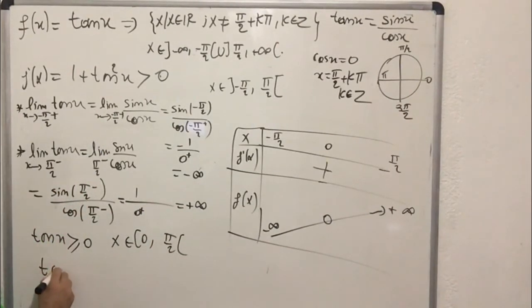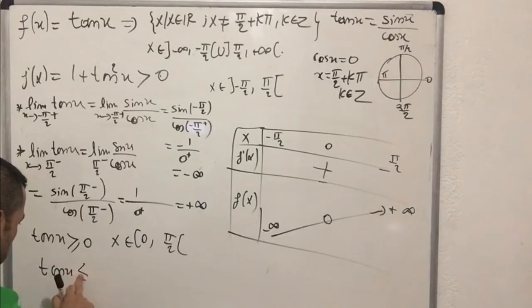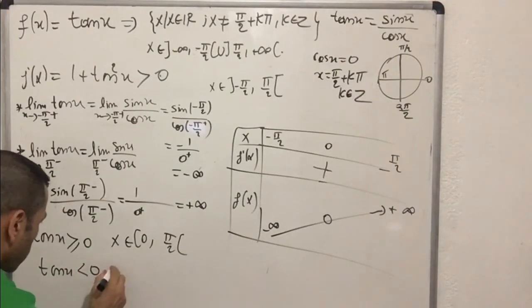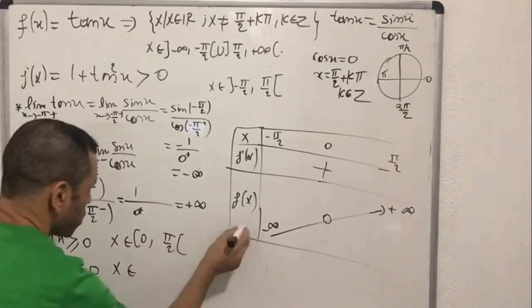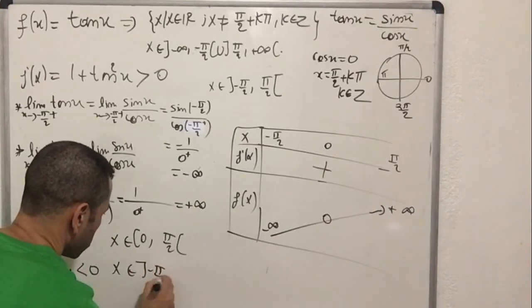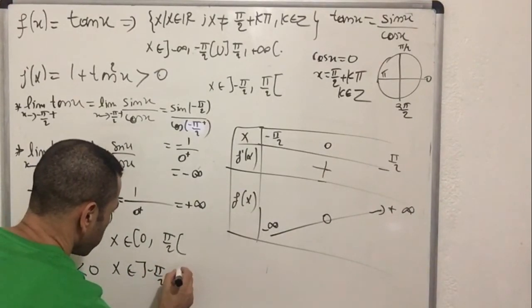So tangent x is negative when x is from this interval, minus pi over 2 to 0, okay?